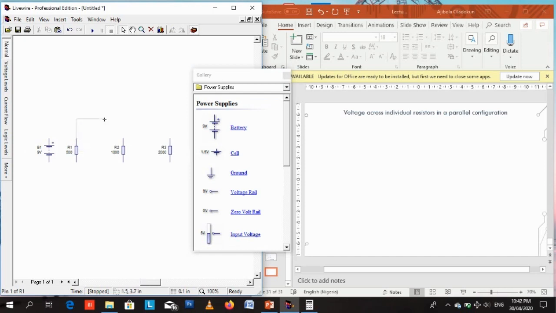So let's connect in parallel, one end to the corresponding end, second terminal to the corresponding second terminal. Why is it misbehaving? Click, click, click, and click. So click on that junction, click, click, delete, click again, click, and click, and click.